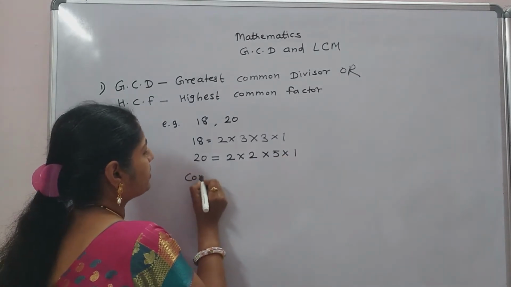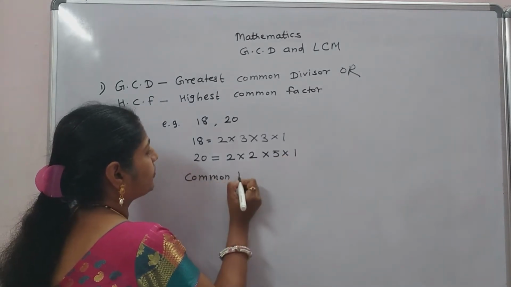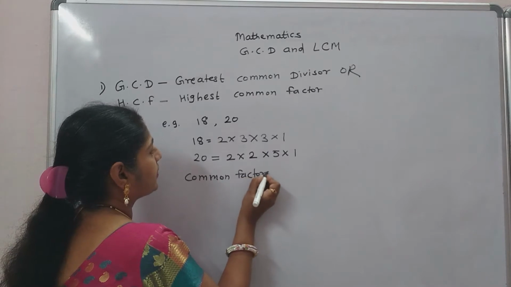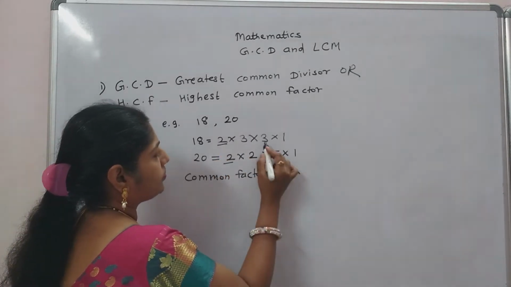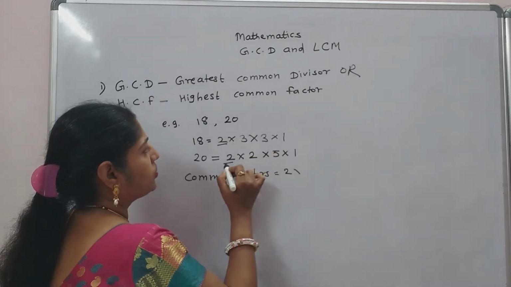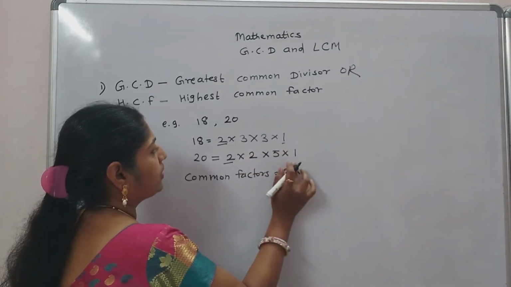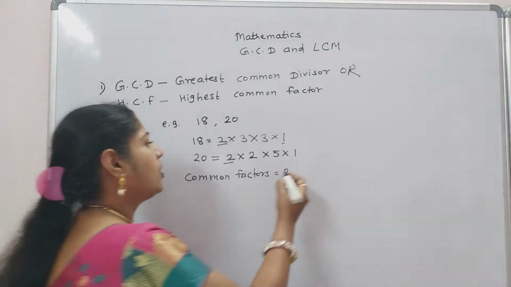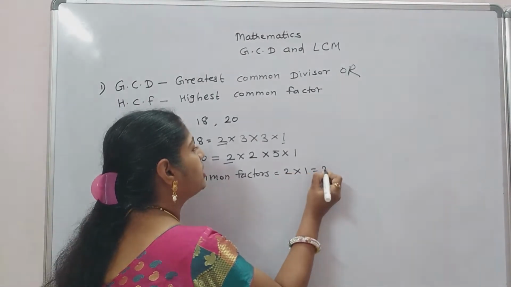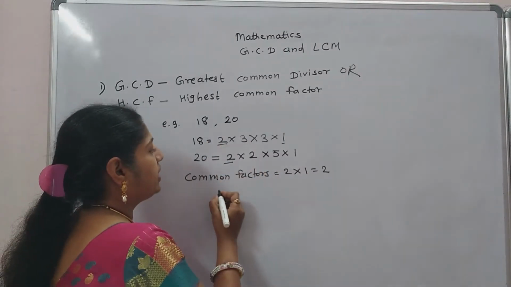Now the common factors: only 2 is common, and 1, so the GCD of 18 and 20 is 2.